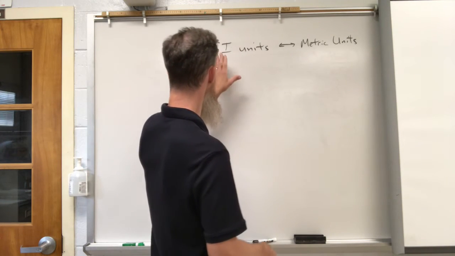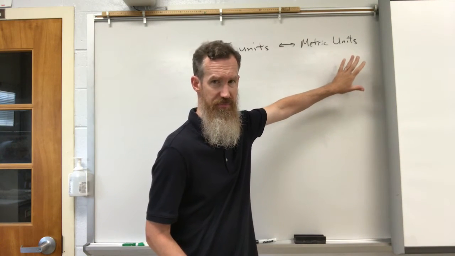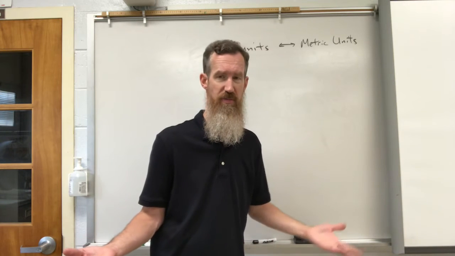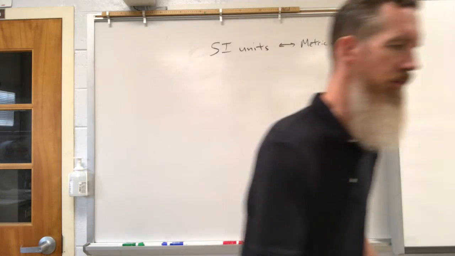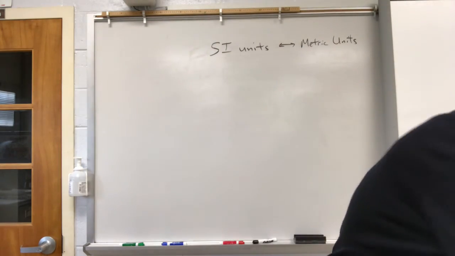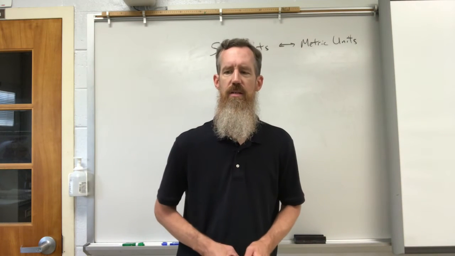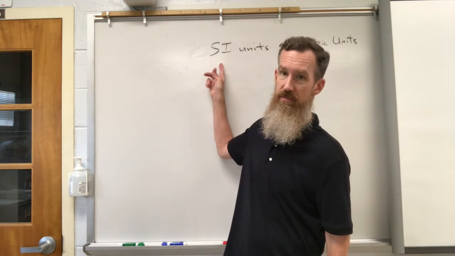Now, the International System of Units is based off of metric, and it almost matches perfectly across all measurements. There's a few exceptions. The one exception is mass. The length measurement in the SI system is a meter.